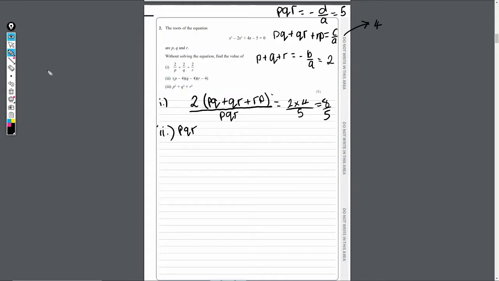So I'll do that over here. What that'll give me is PQ minus 4P minus 4Q plus 16. And then I times that by R minus 4. As I expand each term, I'd get PQR, and so on and so on.